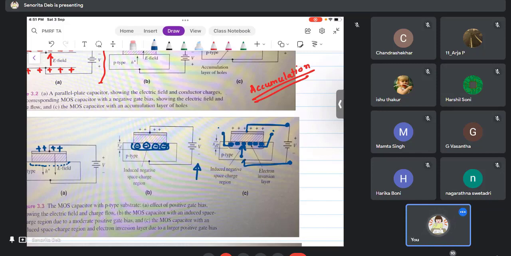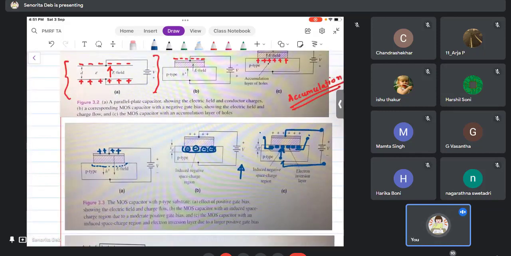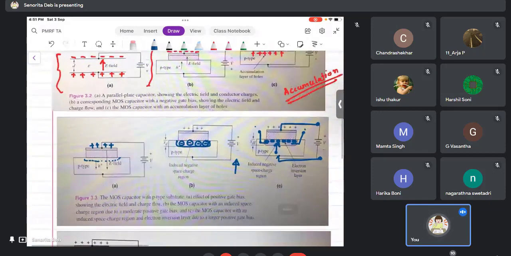I had asked you this question when we were solving the first question, if you remember, in our first class. So the drain to source current or source to drain current will flow. This is the normal behavior of the MOS capacitor. All these regions are called the accumulation region.